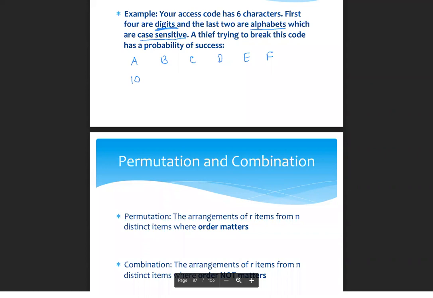Yes, because in A you already have 2 digits. No, not 2 digits. This is the possibility. It's not that I have picked 1 and 0. 1 and 0 is the number of possible digits.